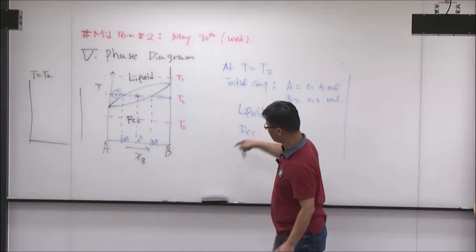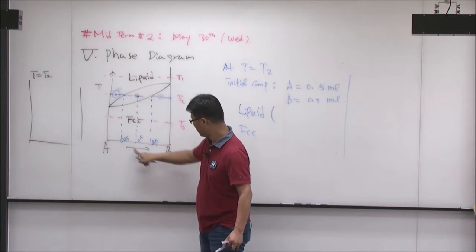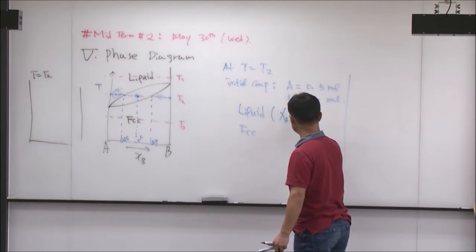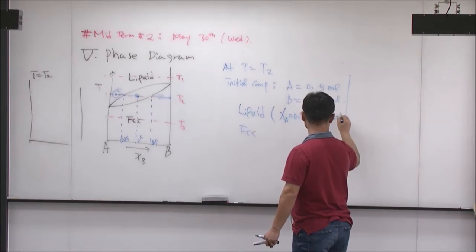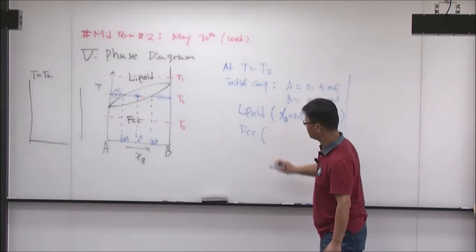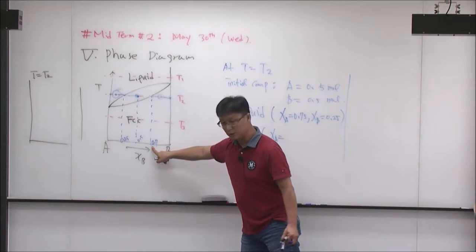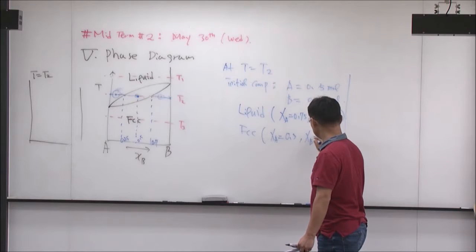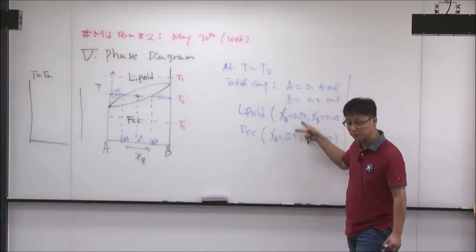The composition of the liquid phase: mole fraction of A equals 0.75 and mole fraction of B equals 0.25. For FCC, mole fraction of A equals 0.3 and mole fraction of B equals 0.7. So this is the phase composition.